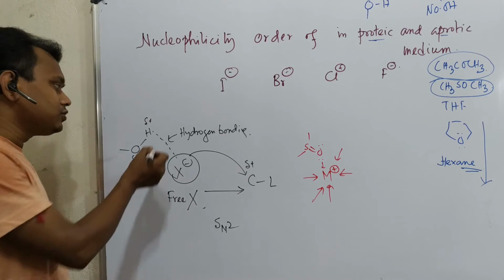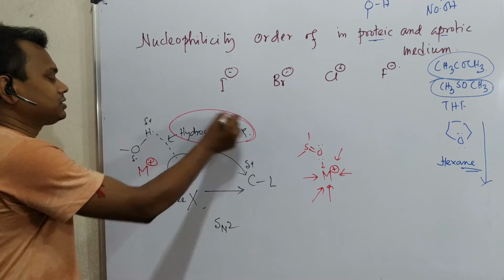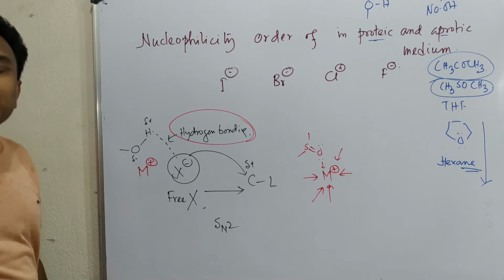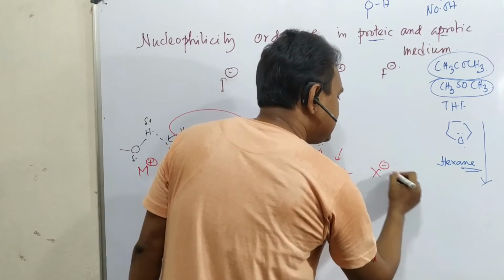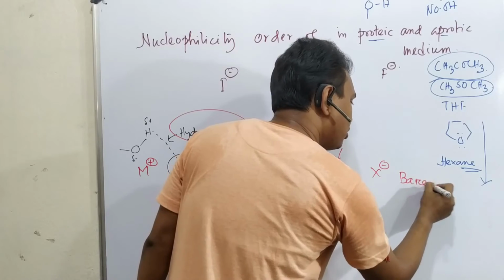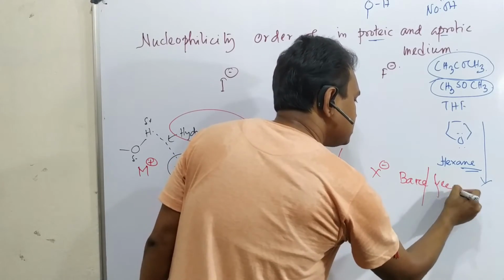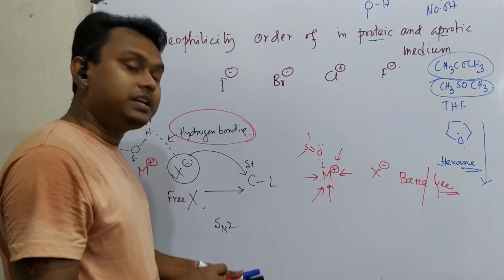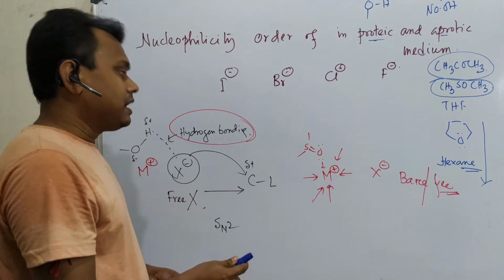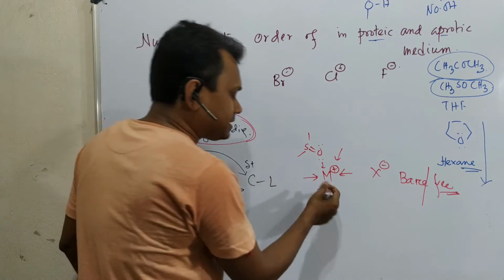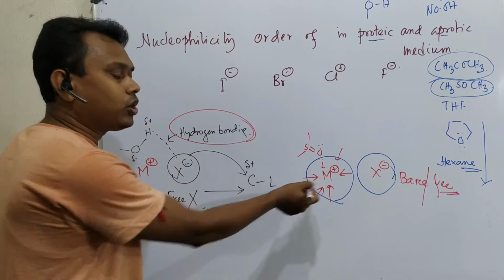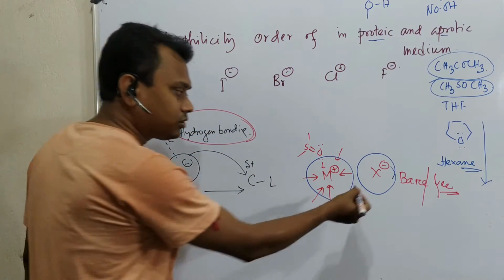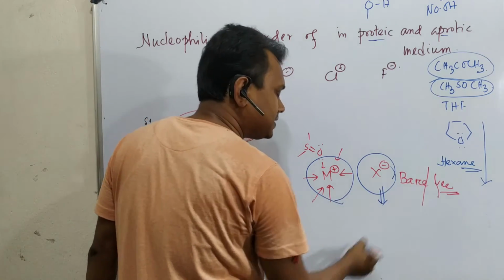No, obviously there is no hydrogen bonding possible because there is no OH or NH. So the anion X minus is bare, or you can consider it free. If it is free, then its reactivity increases. Second, because of this solvent the salt is soluble and in solution, so its activity increases.